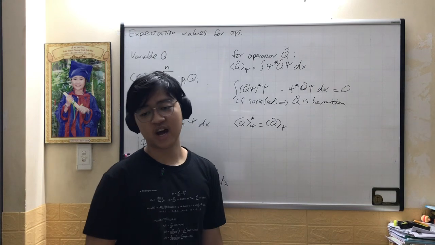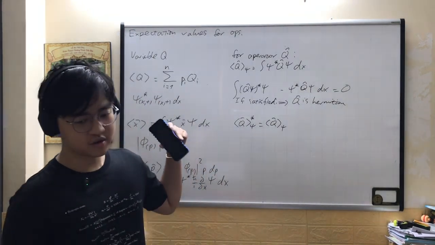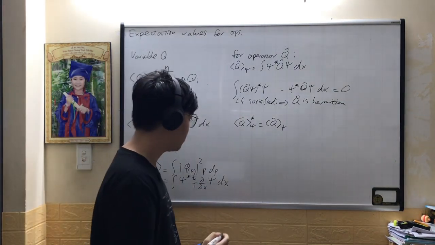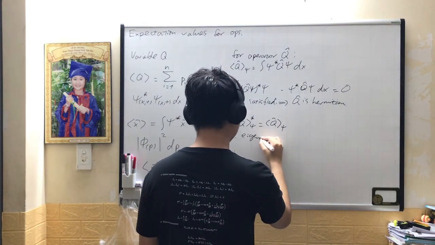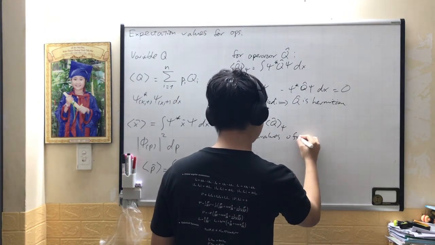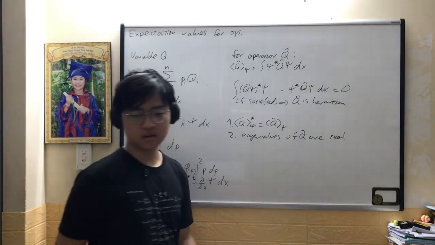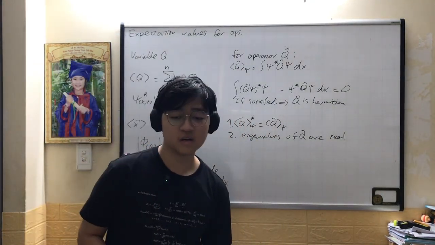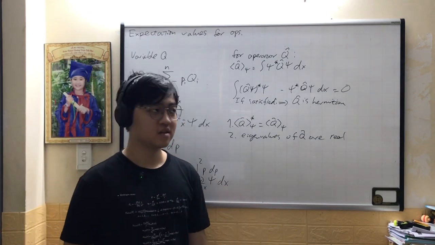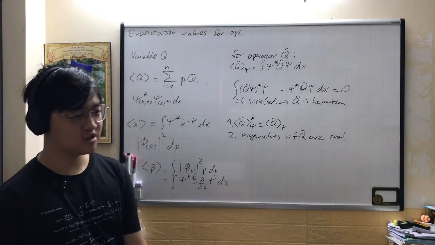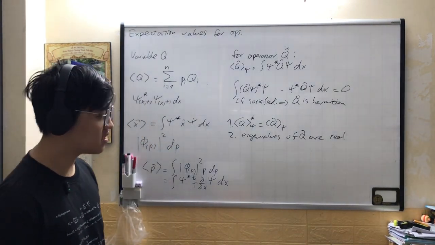The second one is that the eigenvalues of our Q hat are real. Remember that. And the third one is that when you have a normalized wave function, the expectation value of your Hermitian operator would equal the eigenvalue itself.